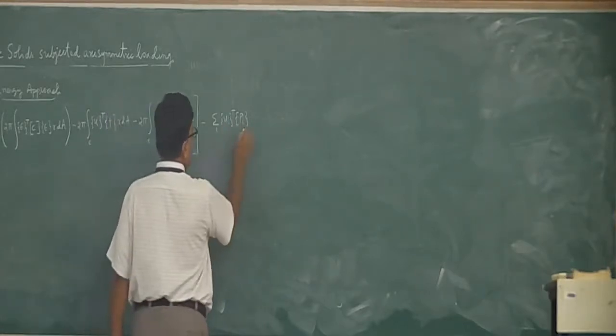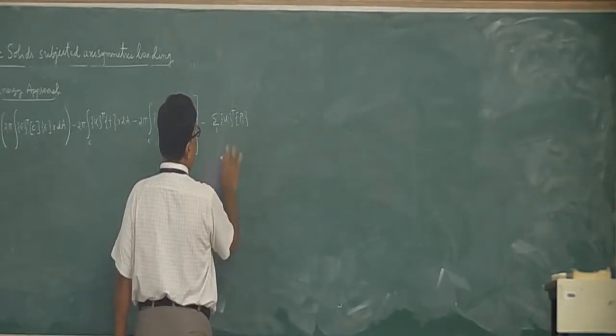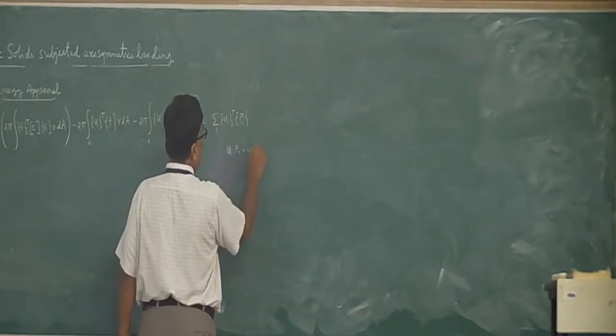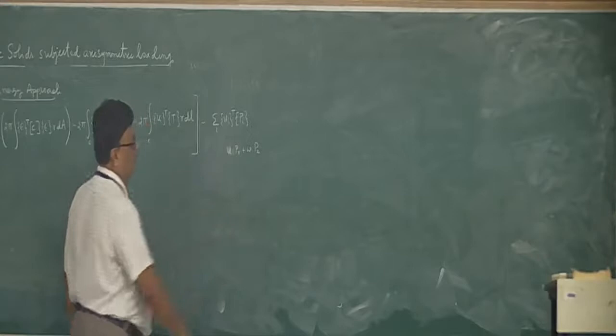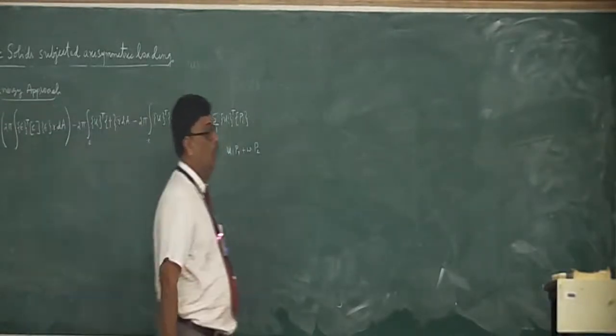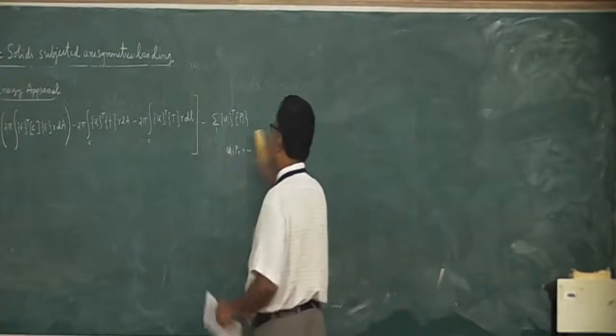This product is nothing but U into PR plus W into PZ. This is the meaning of this, because the components are PR and PZ in the R direction and Z direction, and the corresponding displacements are U and W. Therefore, this will represent the total potential energy equation.